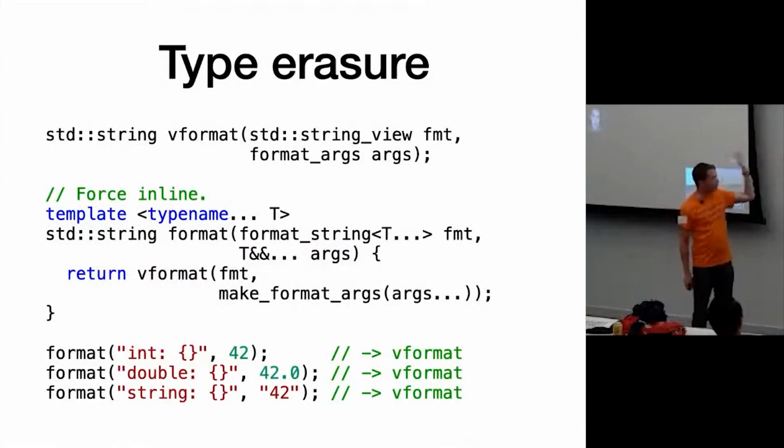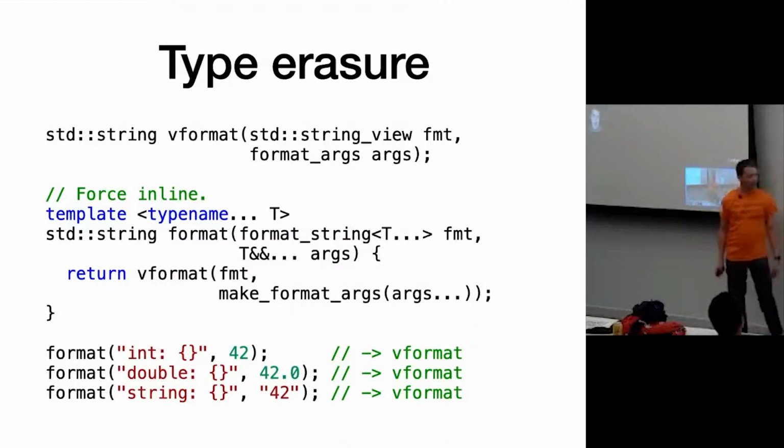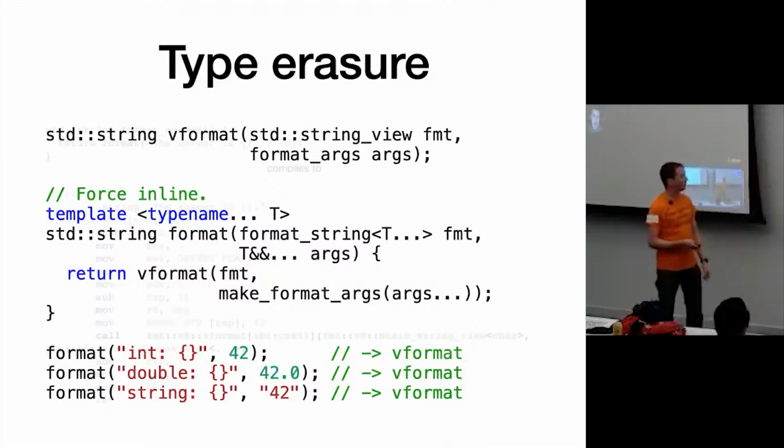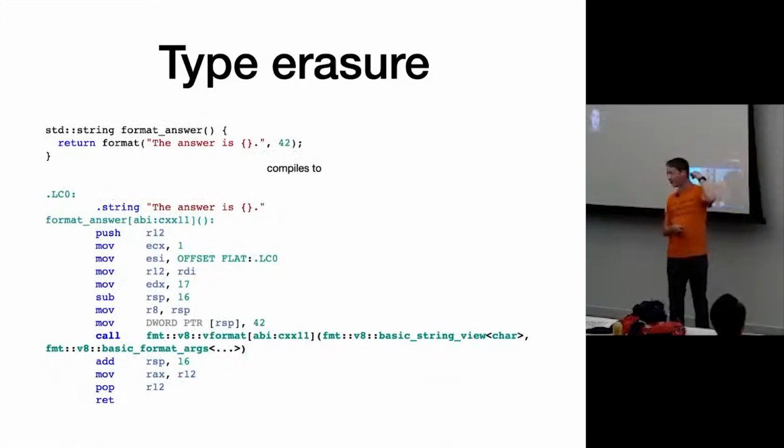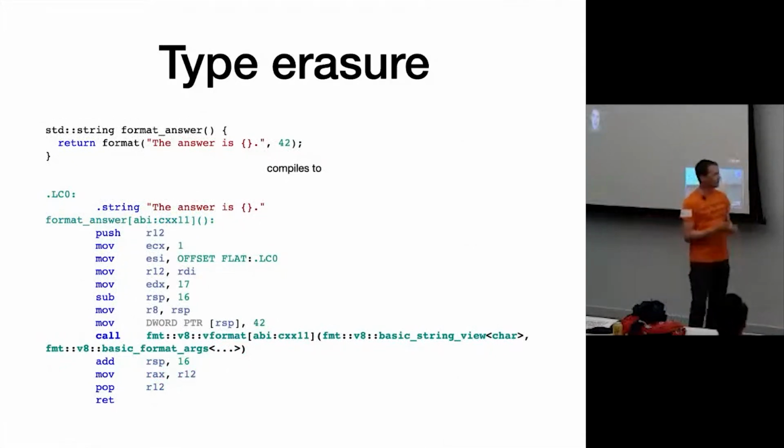The format function is actually forced inline, and what it calls inside vformat is a type-erased representation of the arguments called format_args. Then all of these compile into very short code sequences that call vformat. This is actually what it compiles to. This is the equivalent of that iostream example, where we had two columns of very tiny things.